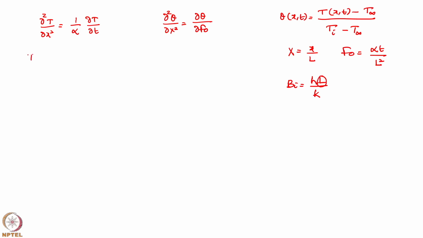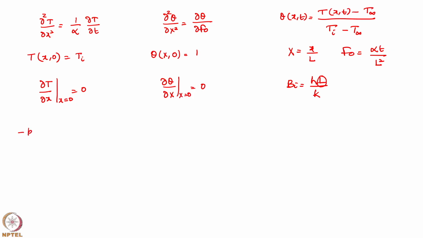So T of x comma 0 is equal to Ti, this is the initial condition. Now theta of X comma 0 is equal to 1, which is what we got. Dou theta by dou X at X equal to 0 is 0.